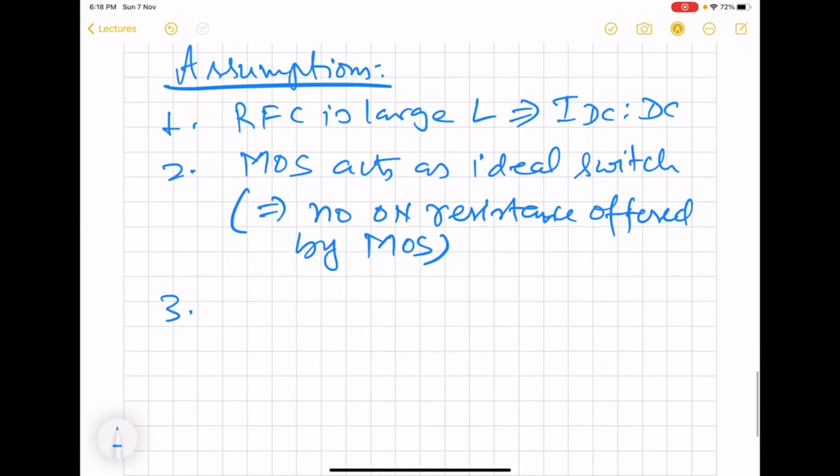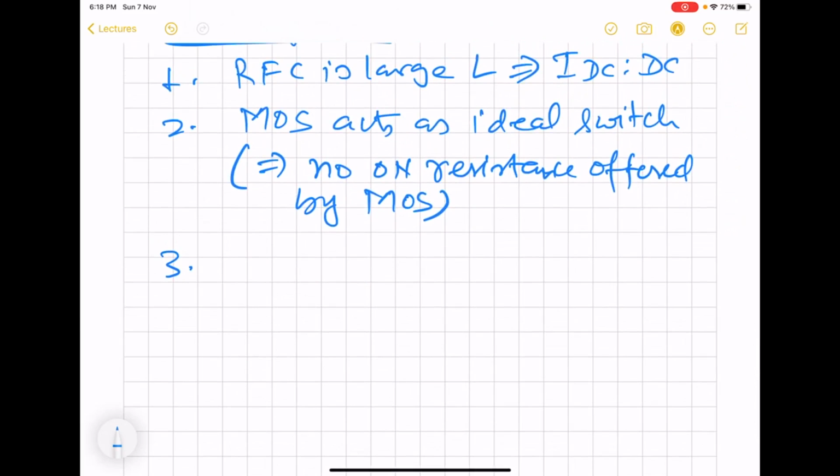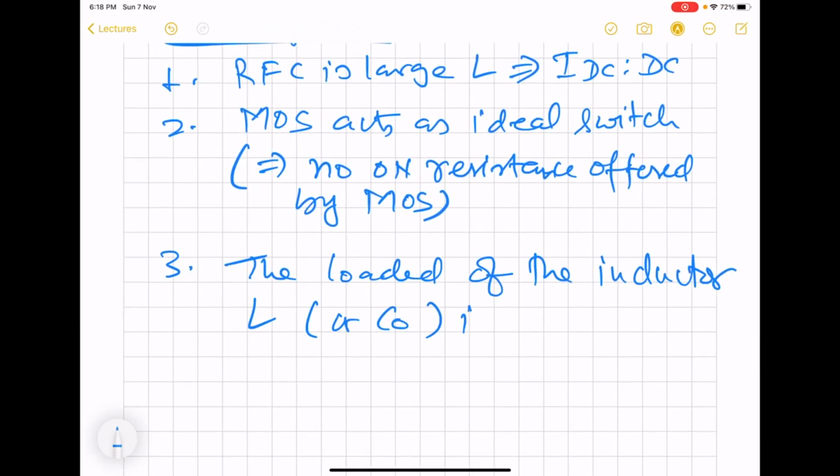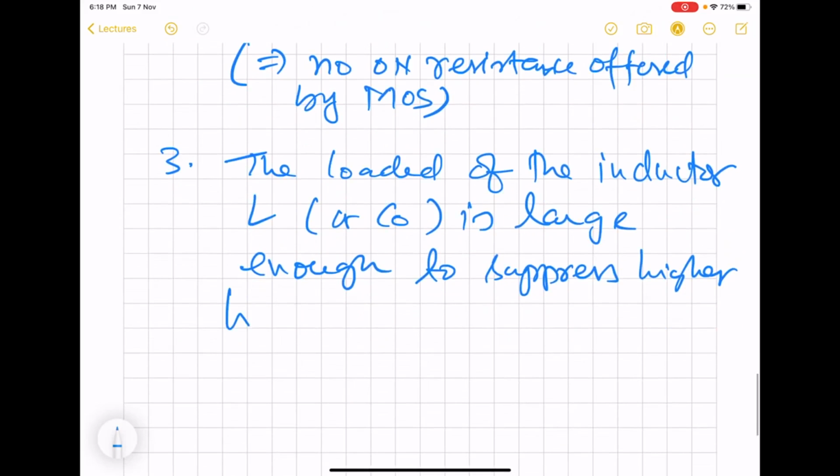The third assumption, which is going to be very important, and actually allows us to take the current through the load network and the load as sinusoidal, is that the loaded Q of the inductor L or C naught is large enough to suppress higher harmonic current for the load.